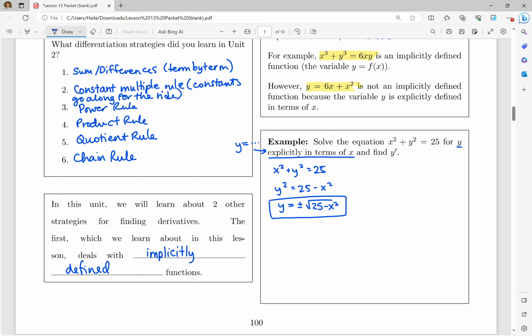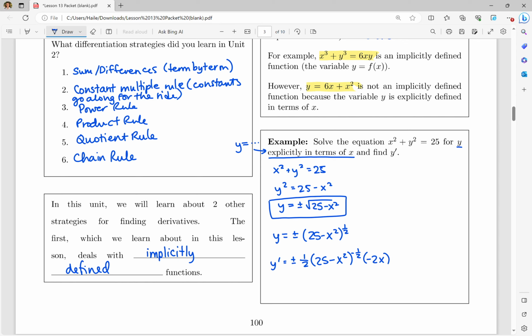Now we want to take the derivative. First, let's change y into a power. So y is equal to plus or minus (25 minus x squared) to the 1/2. So y prime is going to be plus or minus 1/2 times (25 minus x squared) to the minus 1/2 times negative 2x, and that plus or minus is still out front.